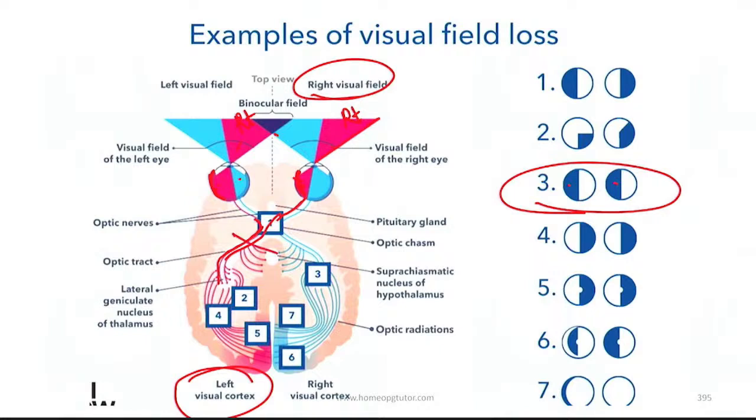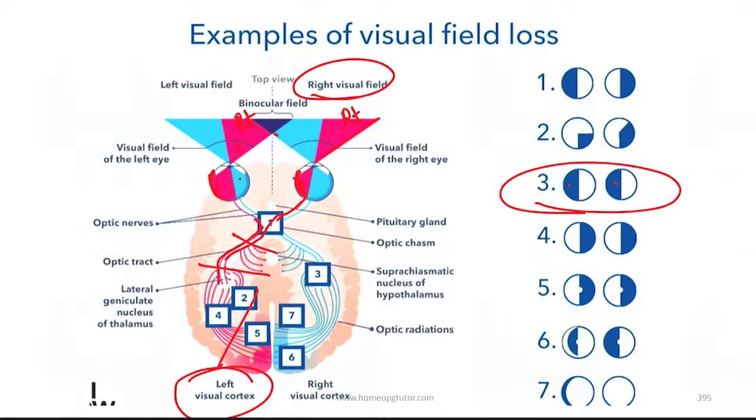It might be here, it might be anywhere. The total damage has occurred in the optic tract. The injury is in the optic tract over here. That is why the same side of the visual field is affected. After the optic chiasma, if any injury occurs, the problem occurs in the same visual field.